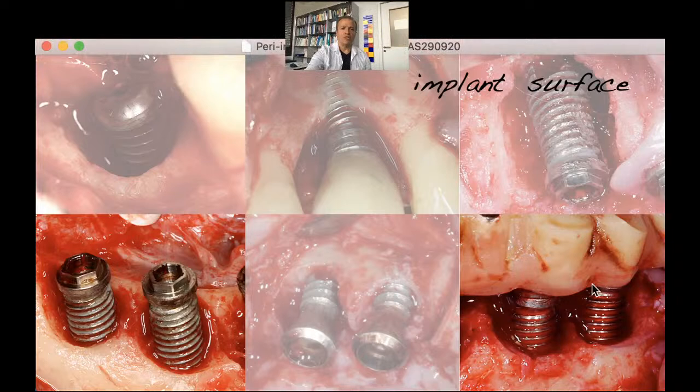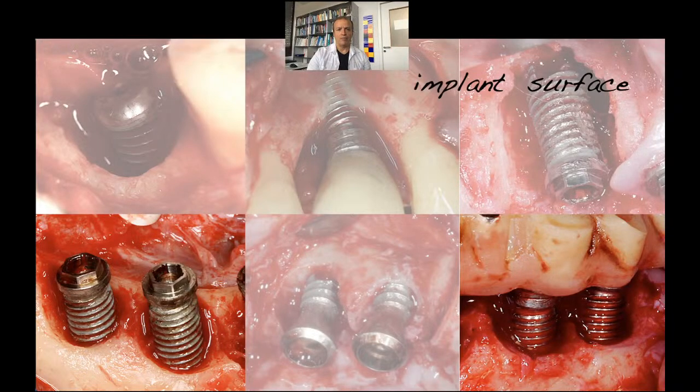If you look at these 2 highlighted images, we have implants of similar macrogeometry, so threaded external hex implants, but with different microstructure. Here you have an old-fashioned low-tech machined implant, and here you have a modern high-tech roughened implant. Implant surface is important for 2 reasons.